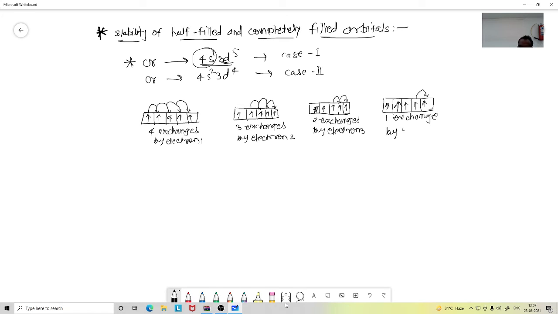Therefore, the total number of exchanges is equal to how much? This 4 plus 3 plus 2 plus 1, that is equal to a total of 10 exchanges, right?